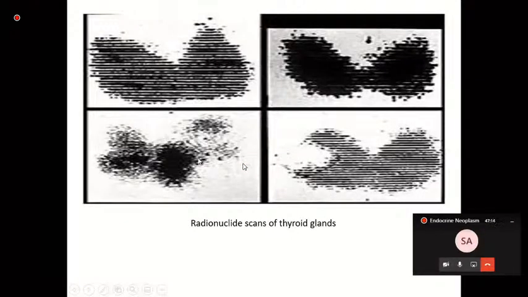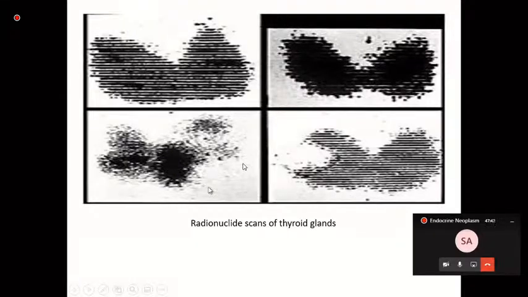Now, this one, the radioisotopic scan. What do you think this picture indicates? Hyperthyroidism. What about this? Hyper, diffuse, homogeneous. Indicates what?